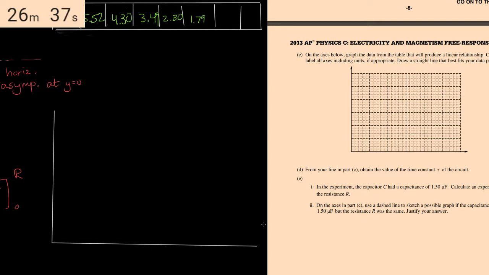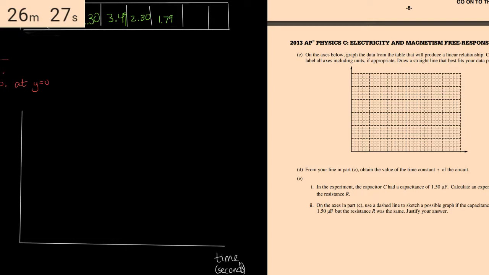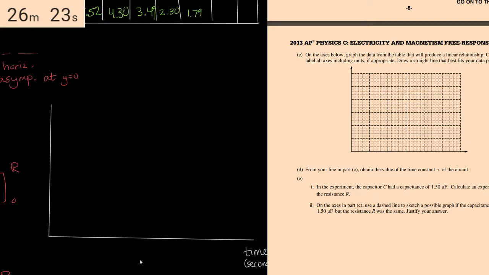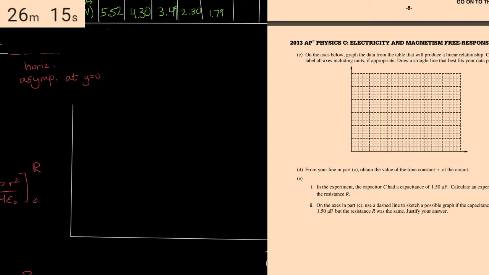Here we are going to be graphing time on the bottom, in seconds. Let me scroll over a bit so that hopefully you can see everything. Yeah, okay, that's better. Now you have all the numbers.